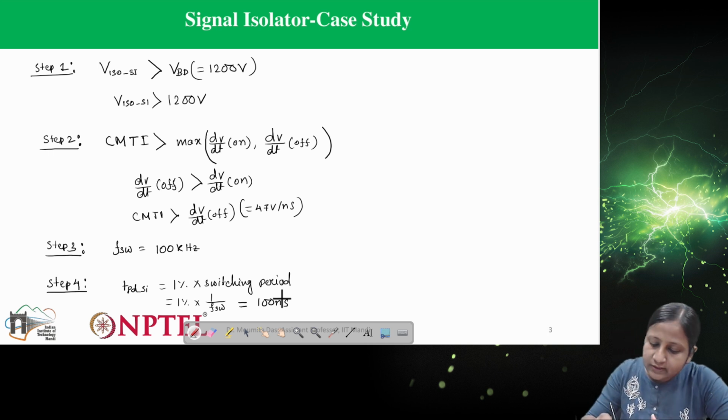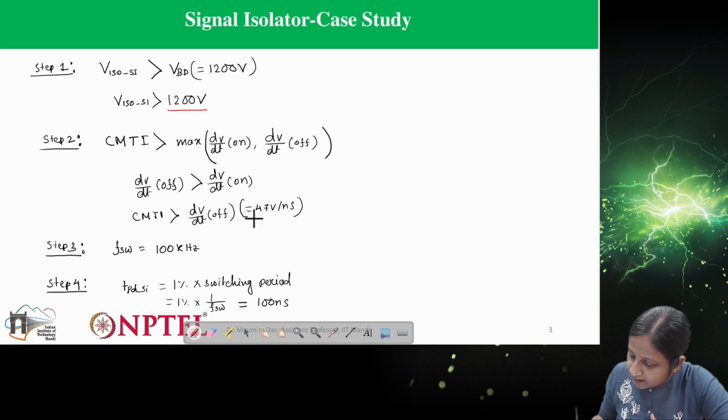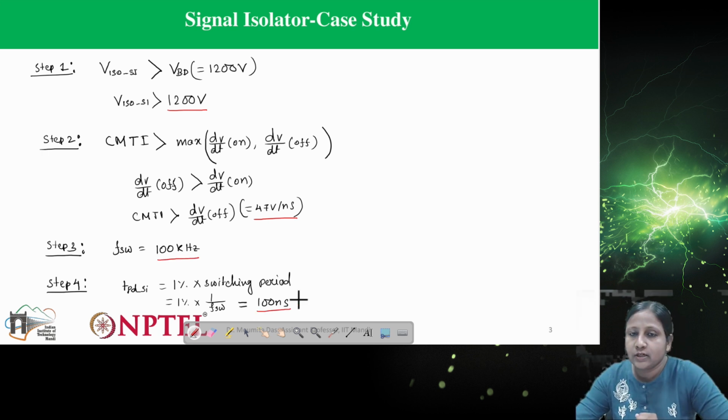So now you can see these are the parameters we need to consider: the isolation voltage, the CMTI, switching frequency, propagation delay. Switching frequency we directly do not require, basically propagation delay is required for this signal isolator, and it can be calculated by using switching frequency.